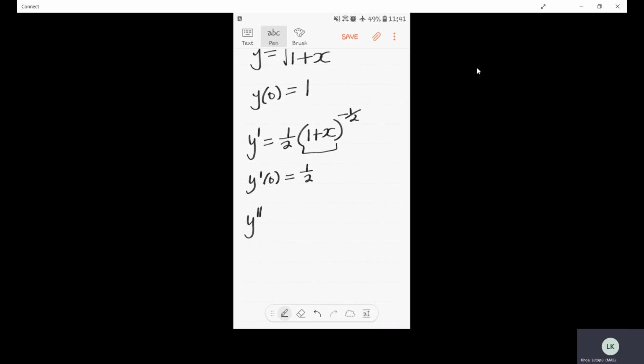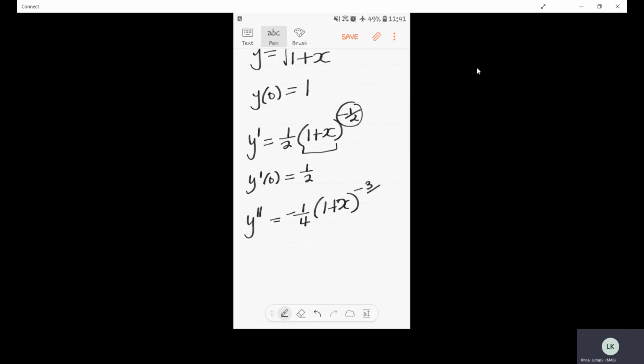So y double prime, this time the negative half will come down, and then I'll multiply it with the half. So I have negative 1/4, and I have 1 plus x. The inside will stay as it is. The exponent will decrease by 1. So I have minus a half minus 1.